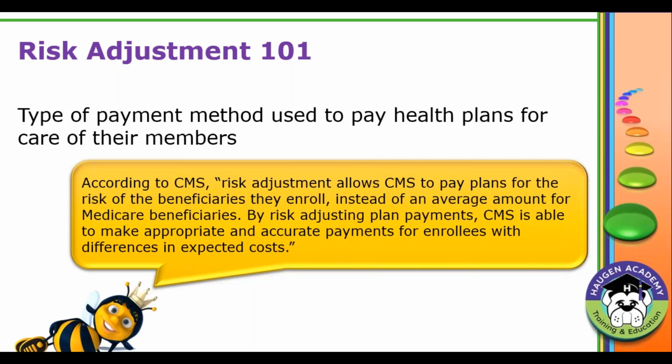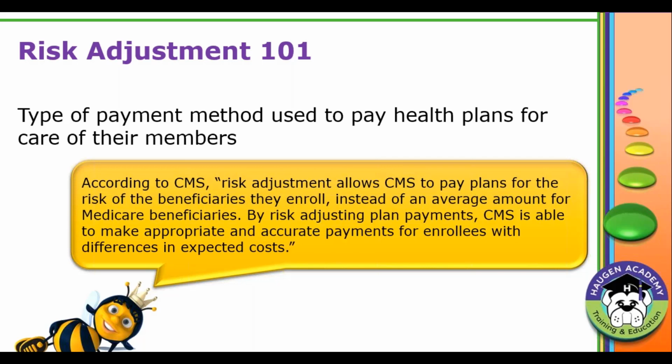The CMS model uses risk adjustment in the form of HCCs to adjust payments to health plans like Medicare Advantage or our Part C plans to care for their members. The health plans are paid by CMS on a per member per month basis, and the payment amount is determined by a formula which specifies risk as a factor in that payment.